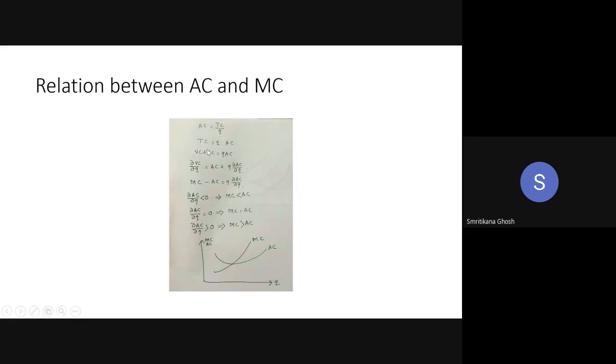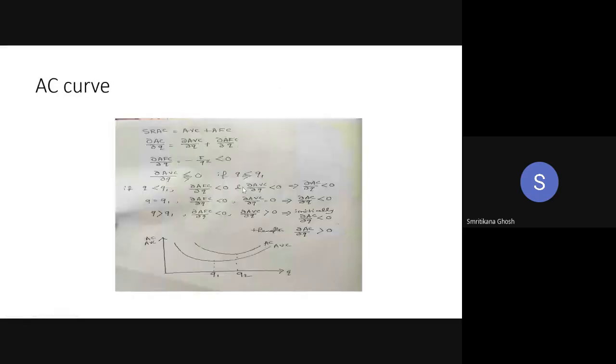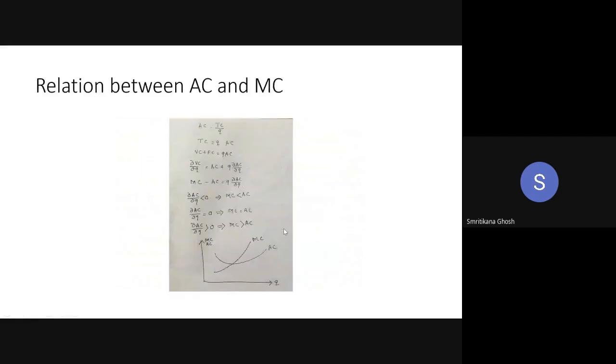So again, you are dividing your total cost in two parts, VC plus FC, and Q into AC. We are differentiating it with respect to Q. Ultimately, the relationship is MC minus AC is equal to Q into del AC del Q. Done. Now you know the shape of your average cost curve from here. It is U-shaped. So I am applying this theorem here.